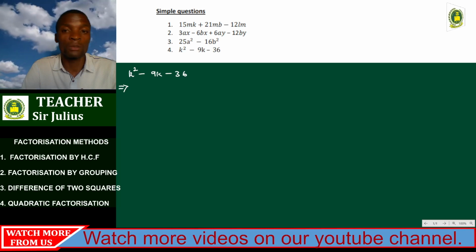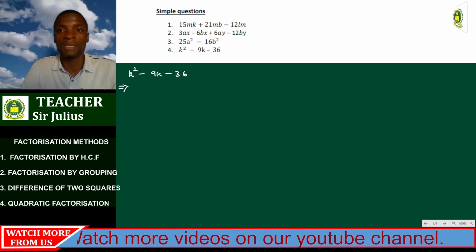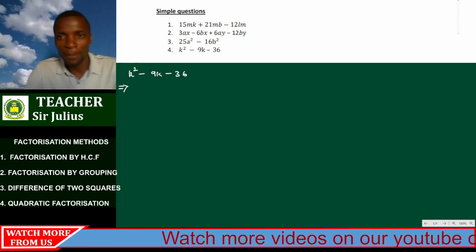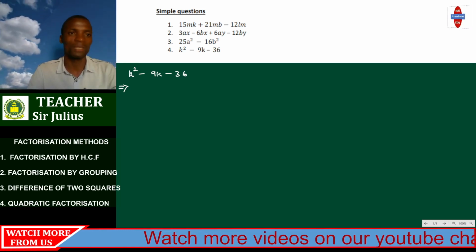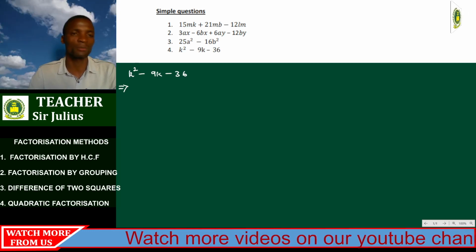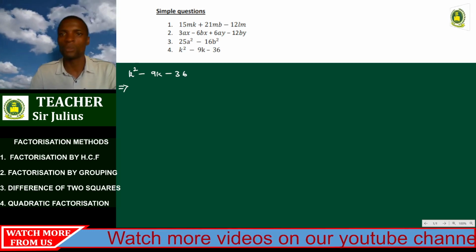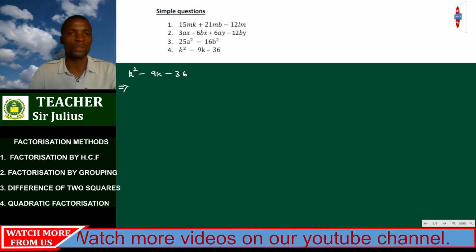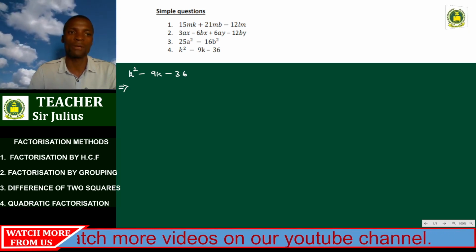We are going to look at this question, which is written k squared minus 9k minus 36. Just forgive me, because there are some interruptions here. We are going to be looking at this question and also showing the stages through quadratic factorization.